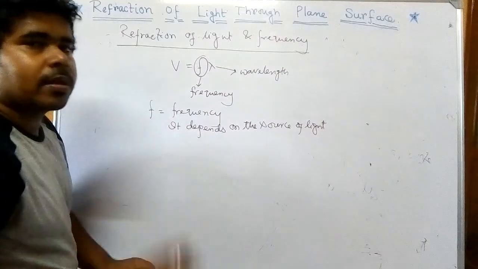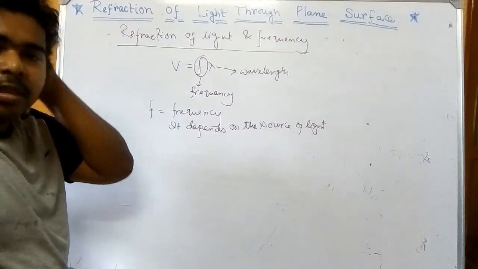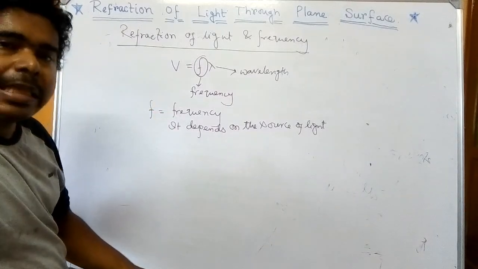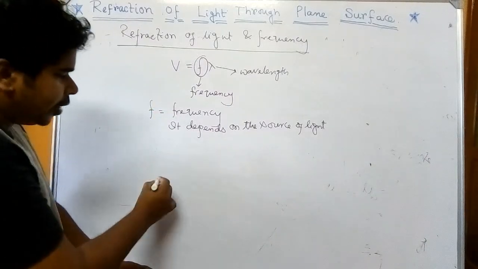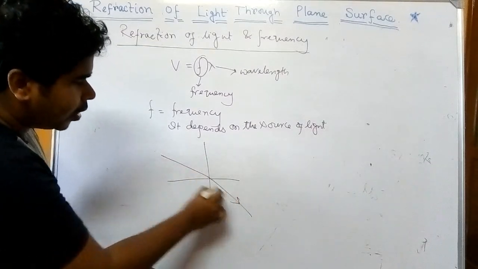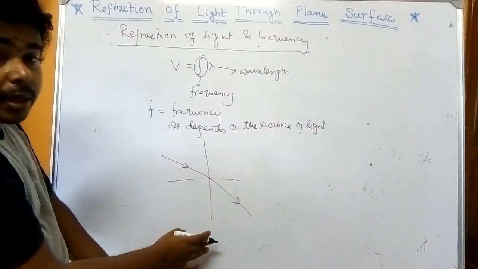When a light ray comes from one medium to another medium, the source of light is the same.